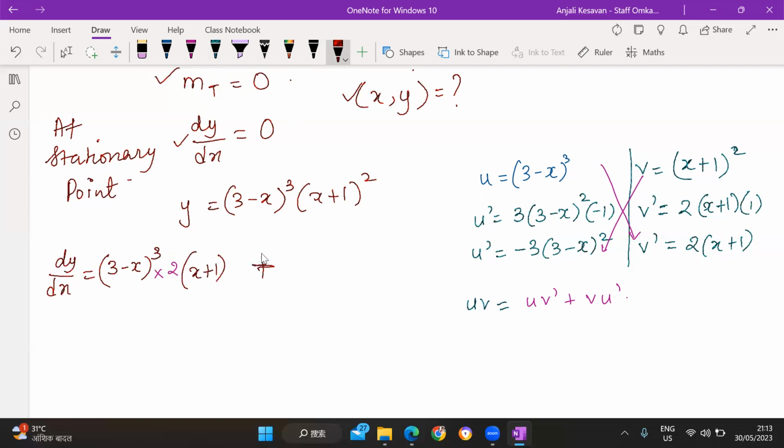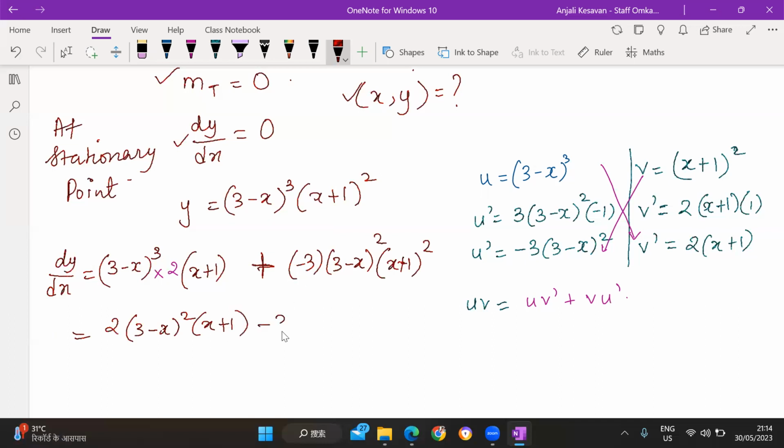Plus, multiply the second term: negative 3 times 3 minus x the whole square times x plus 1 the whole square. Simplify this further. 2 times 3 minus x cube times x plus 1, minus 3 times 3 minus x the whole square times x plus 1 squared.